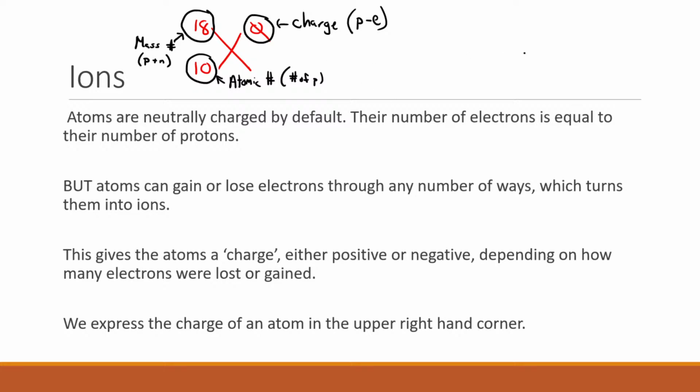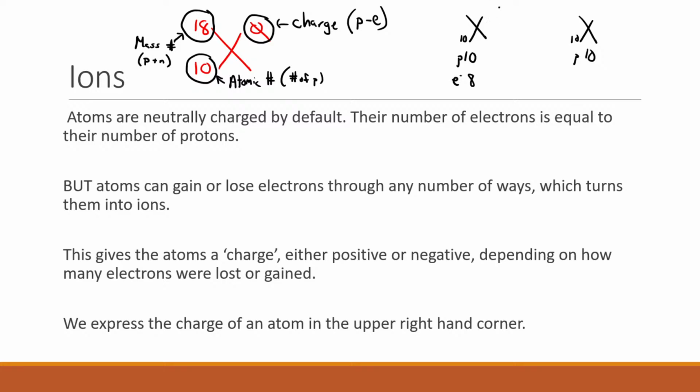Now, remember that electrons are negative. So if I say that I have gained electrons, right, if we have a different setup, protons 10 because they have to be, but if I want to show something that has lost electrons, and I want to say it has 8 electrons now, I have 10 positives and 8 negatives.